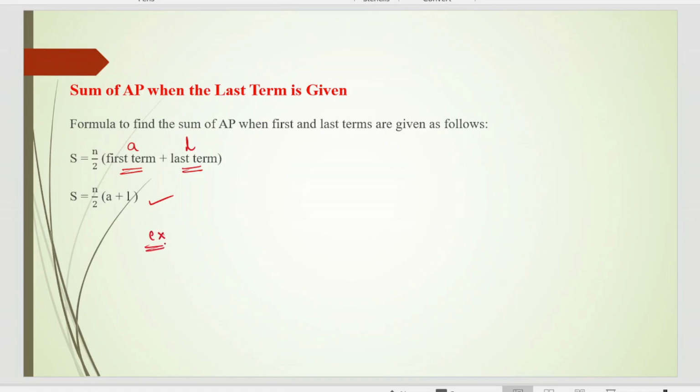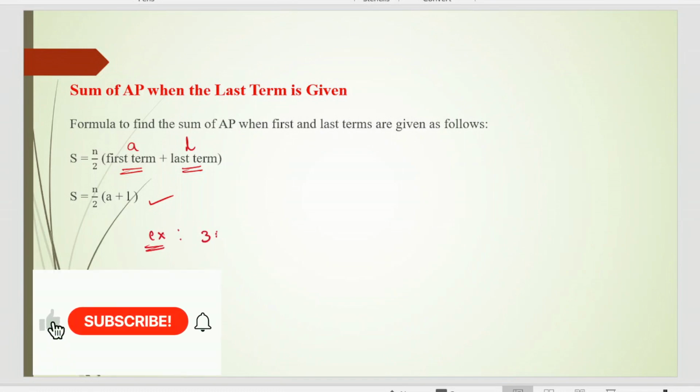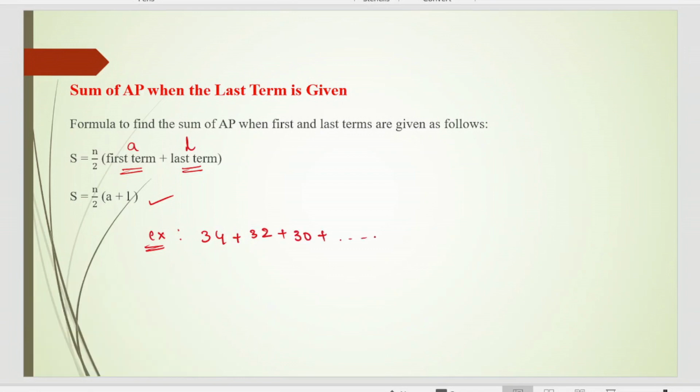If you take an example, here 34 plus 32 plus 30 and so on, plus 10. So this is to find the sum of an AP when the last term is given. This is the last term, which is 10, and the first term is also given, which is a.